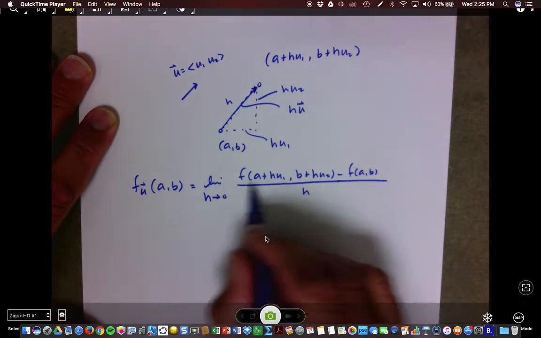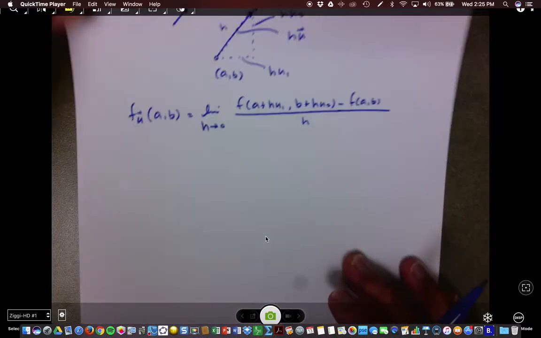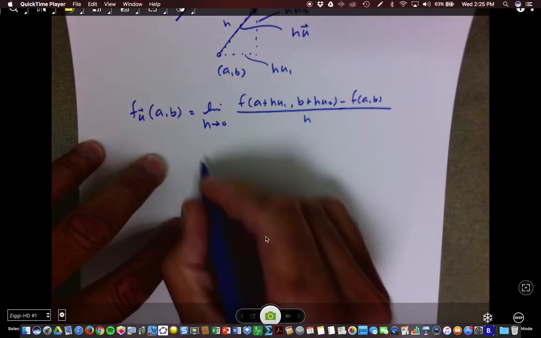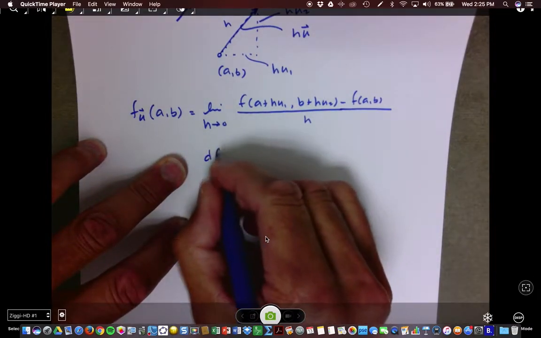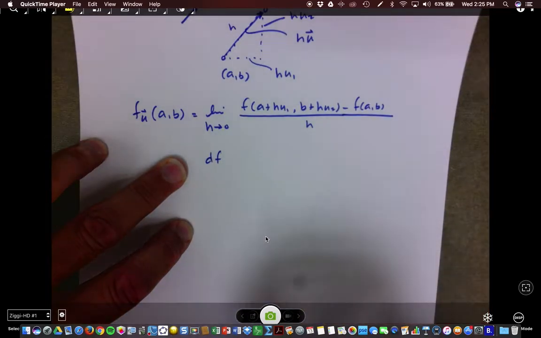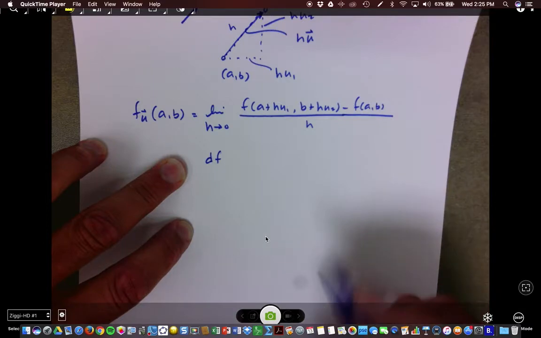Okay, now at this point we look at that numerator and we're going to have to remember something that we talked about the other day, and that was the differential. And we said that the differential was df, and it was really the change in a function due to a small change in x and y.